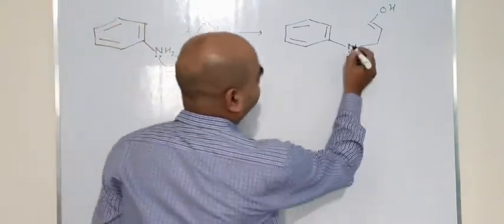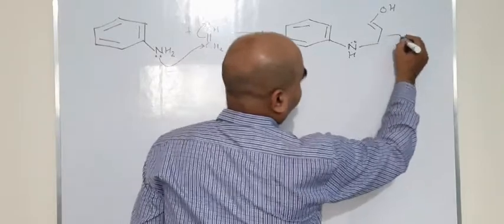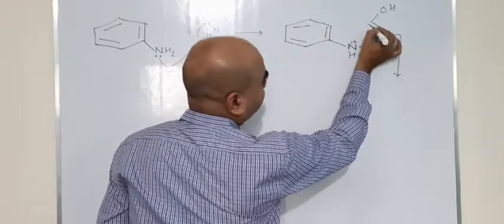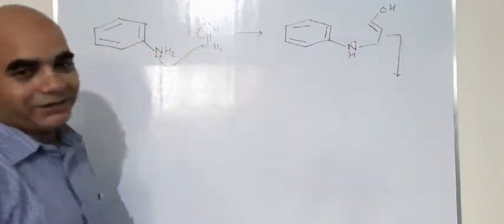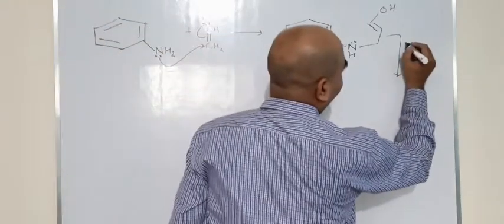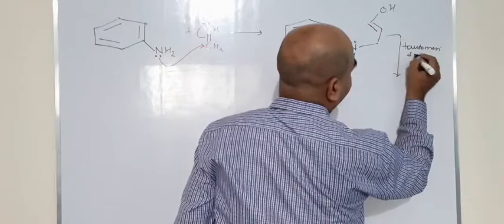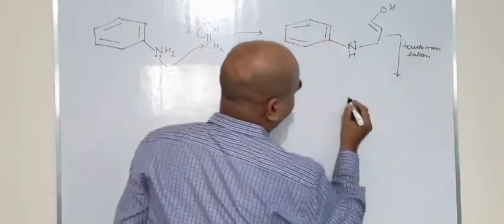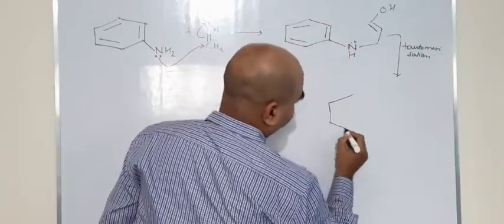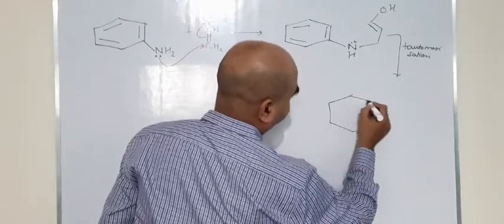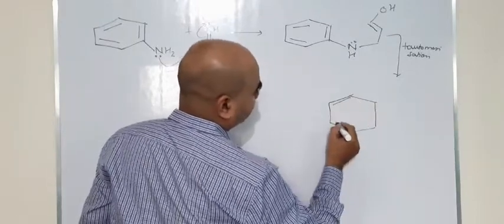So this is an alkene and this is an alcohol. This can undergo tautomerization to form the keto form.